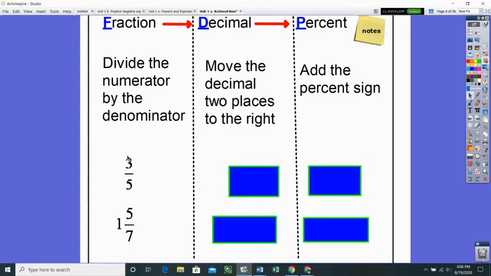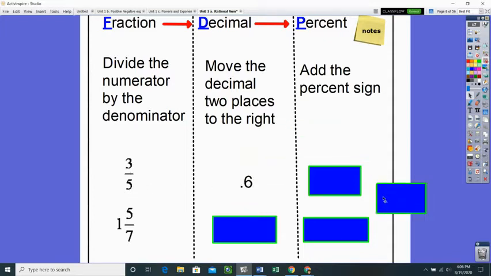But remember that you can always take 3, and this is another symbol for division. So 3 divided by 5. And if you do that, you would see 0.6. And like I said, some of you would have seen that this was 6/10. Now to go from the decimal to the percent, you're going to take that decimal and move it to make the number bigger. You're going to move it 2 places to the right, which would give you 60, and then add the percent sign.